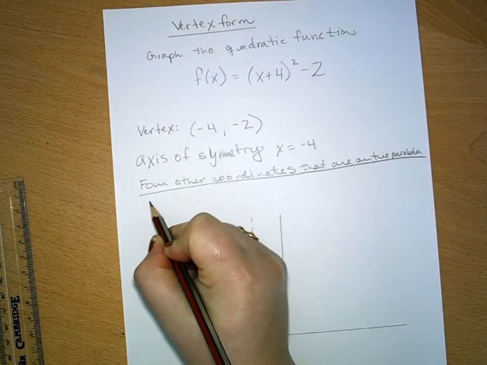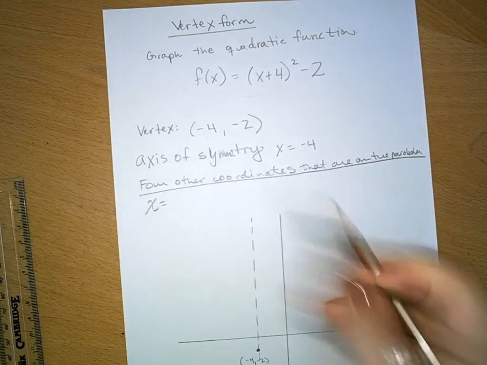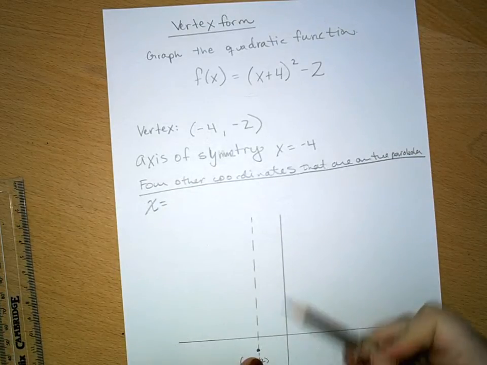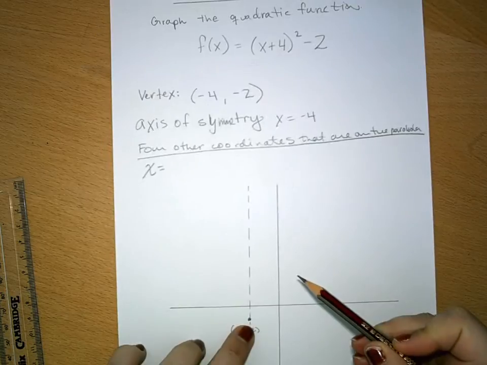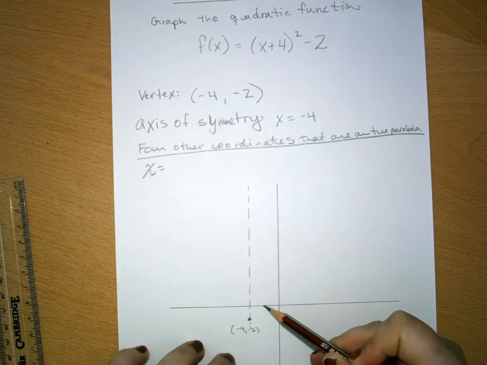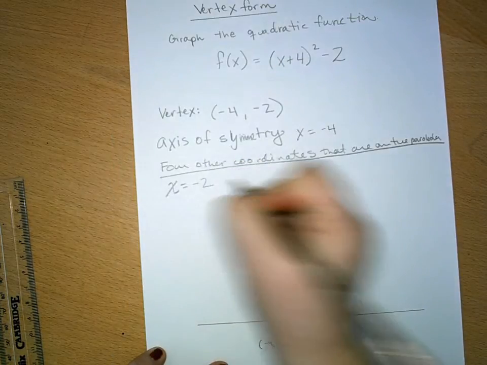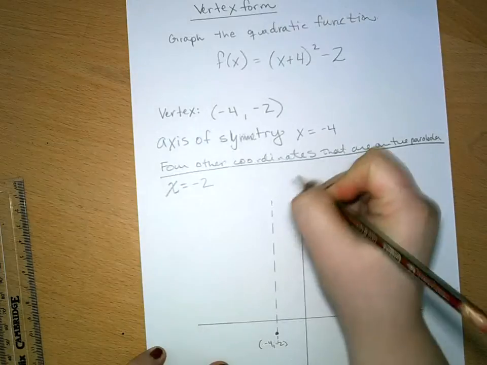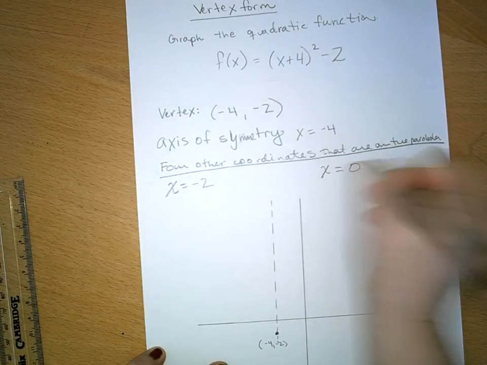So let's pick 2 x values on one side of the line of symmetry. I'm going to choose -2 and 0.